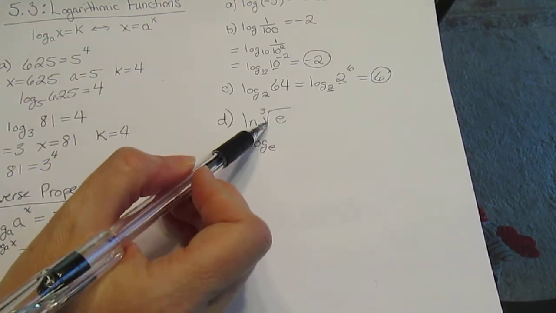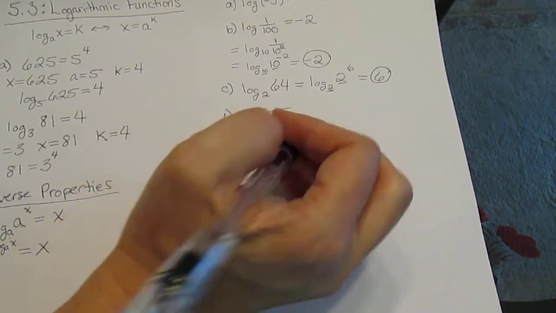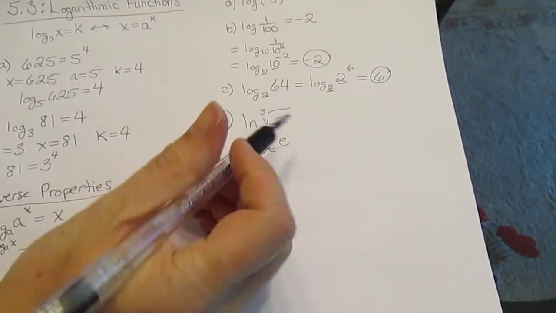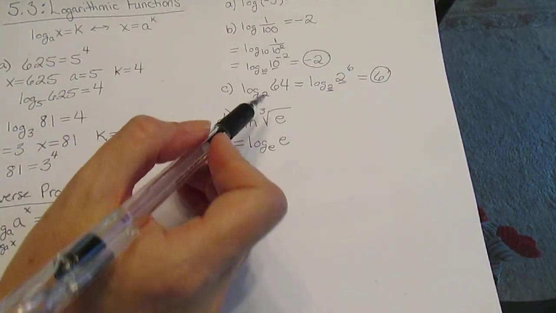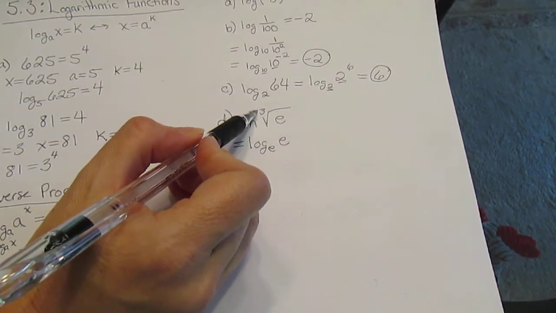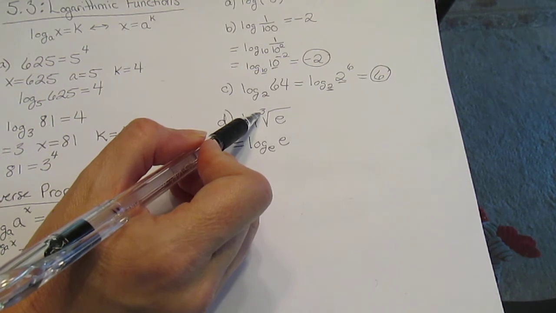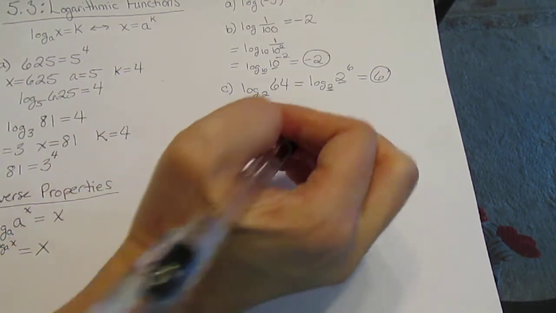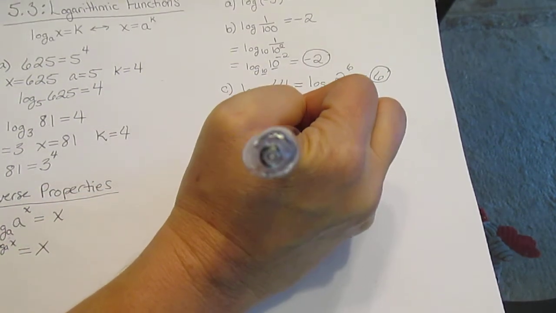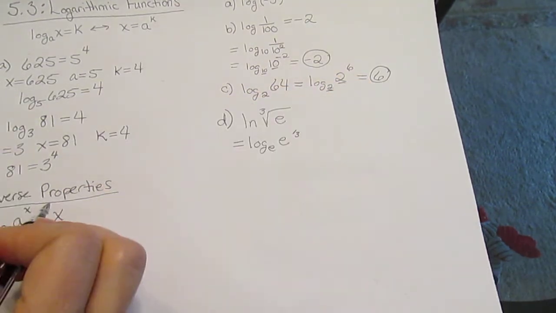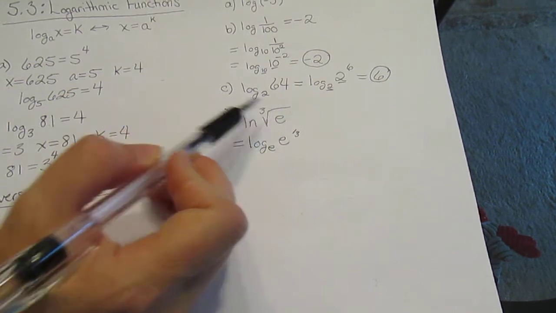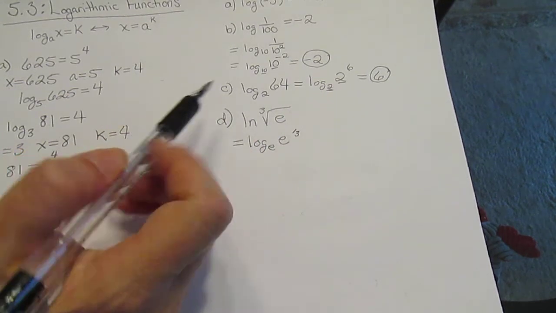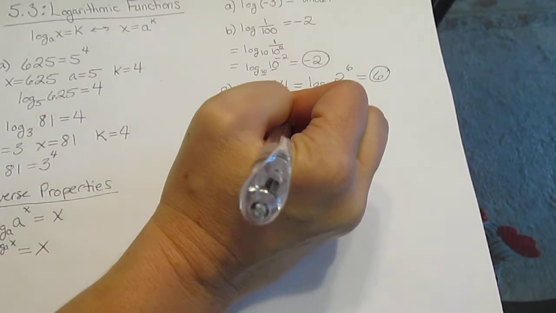So remember how you can rewrite your radicals. I have an e underneath the radical, so I'm just copying that down. And then remember, the index here is the denominator of your exponent. And then whatever power is on the inside, which there's none written, so that means there's a power of 1 here.